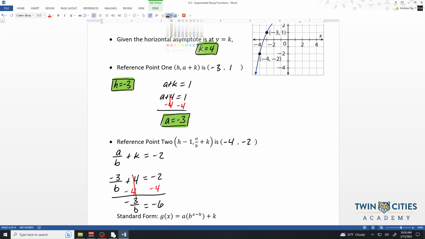We'll multiply both sides by b. So we'll get -3 is equal to -6b. And then divide both sides by -6.